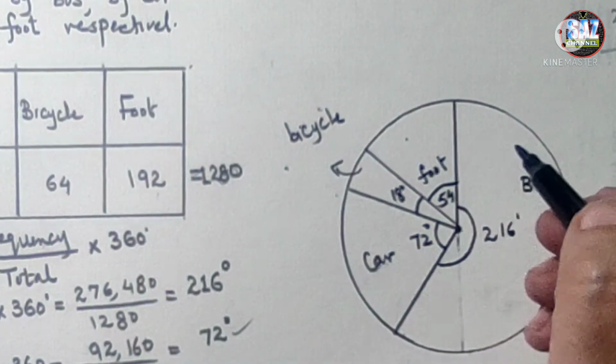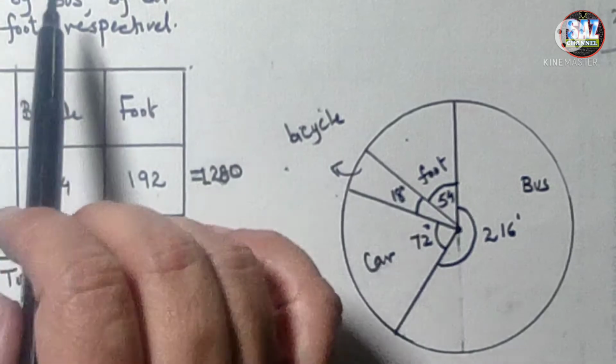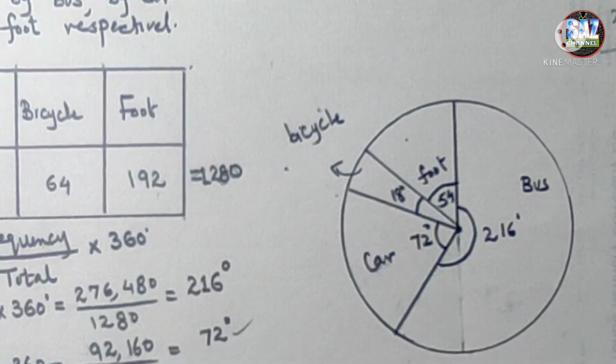Then it's really important to label any type of graph. Let me read the question. The table shows the number of students who travel to school by different means.